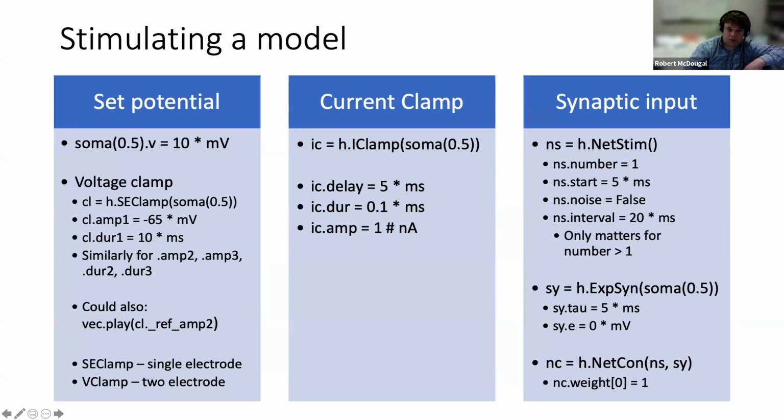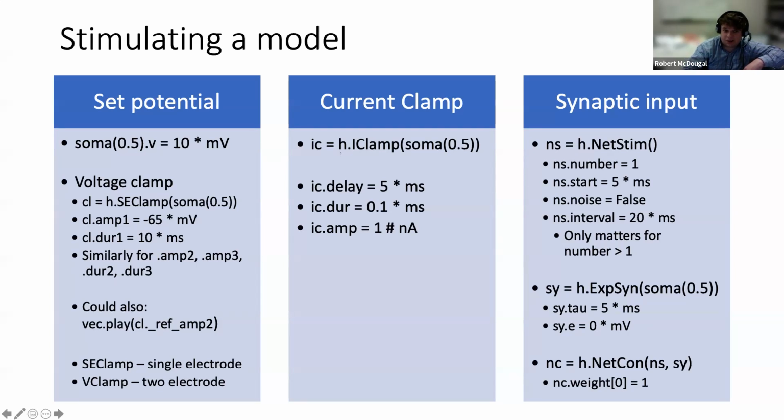But if you don't, let's just think of this as I have a voltage clamp where I'm going to force it to be -65 millivolts until time 10 milliseconds, and then I'll set another amplitude and another duration, and another amplitude and another duration. And I can use this to voltage clamp my cell and see how it responds to that.